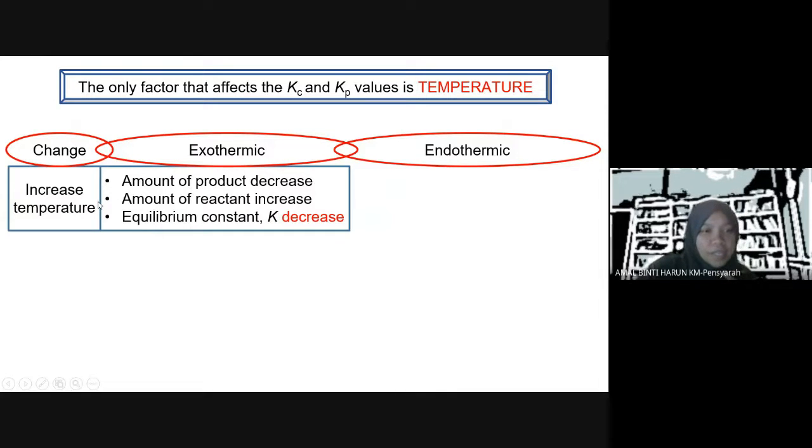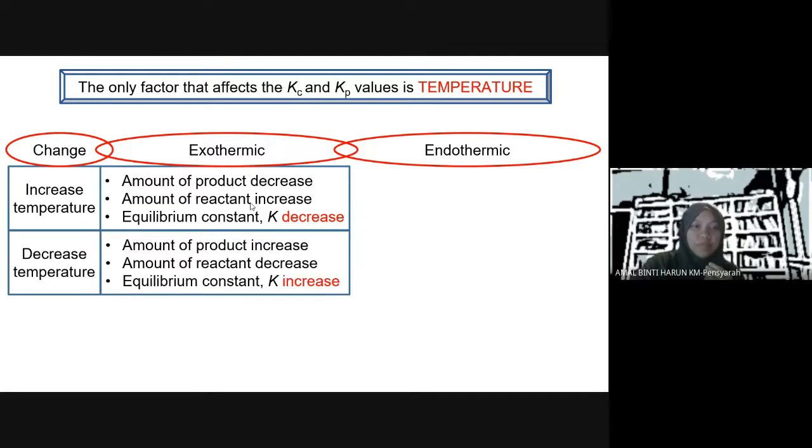Increase temperature, untuk exothermic, amount of reactant increase. Reactant yang increase. So, kalau reactant kan sebelah kiri. So, kalau reactant tu sikit, K akan kurang.